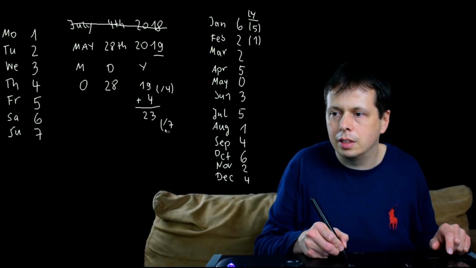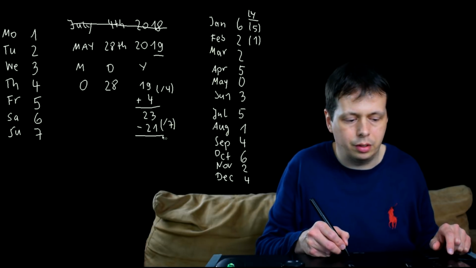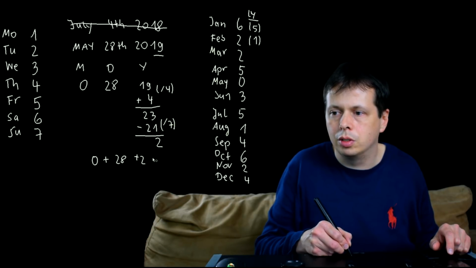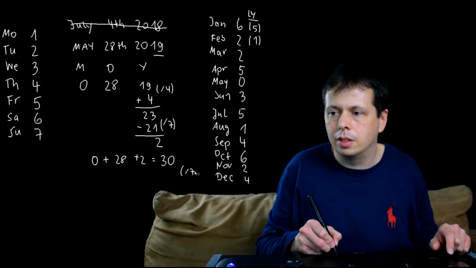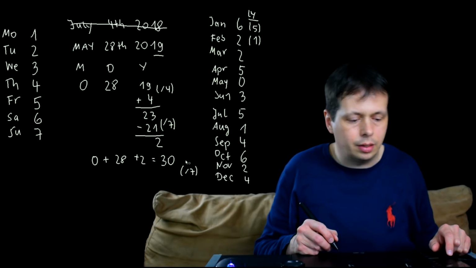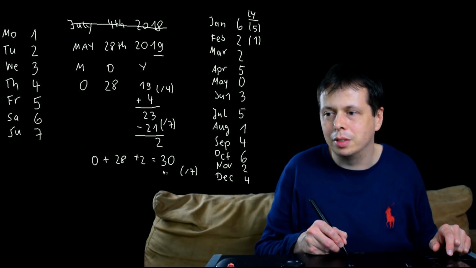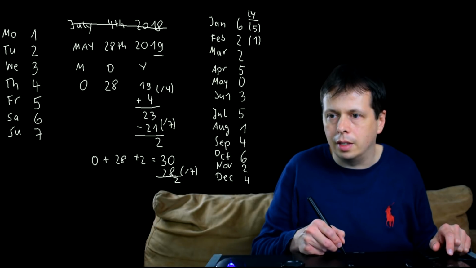And now we have 3 times 7 is 21, and we get the 2. 0 plus 28 plus 2 equals 30, and again reduce by subtracting a multiple of 7, so 28 would be possible because 4 times 7 is 28, and we have here a 2.